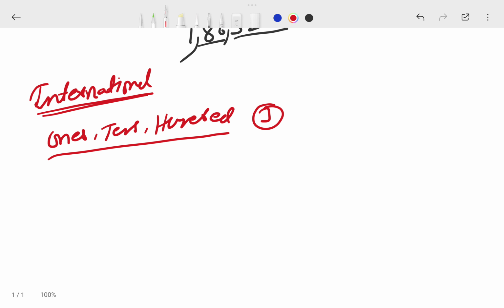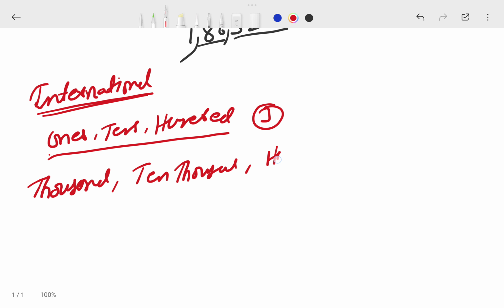After that they count thousands, then 10,000, then 100,000s. We also count 10,000s, but they then count 100,000s.